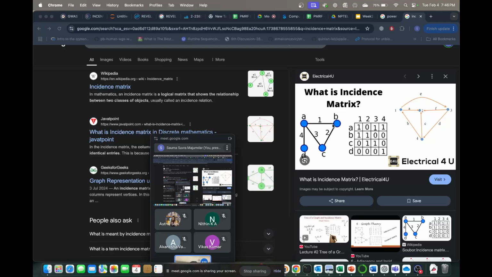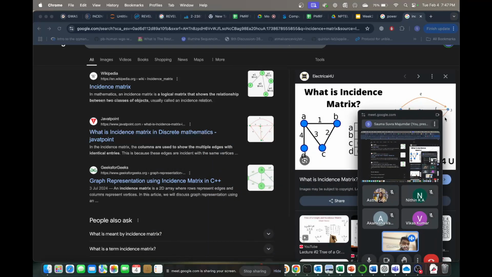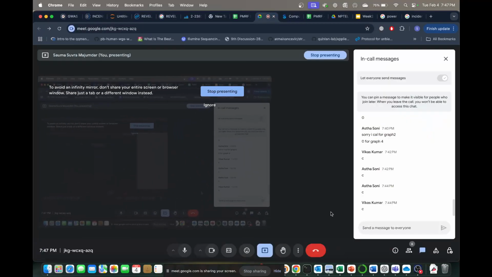So it's a relationship between the nodes. Here it's the relationship between the nodes and the edges. So if this edge is connected to node A, it will be a 1. Edge 2 is not connected to node A, so it will be a 0. Edge 3 is connected to node A, so it will be a 1. Again, edge 4 is connected to node A, so it will be a 1. So these are all different forms of representation, but the idea is the same. You put in a particular value if it is connected, and you put a 0 if it is not connected, for an unweighted graph.